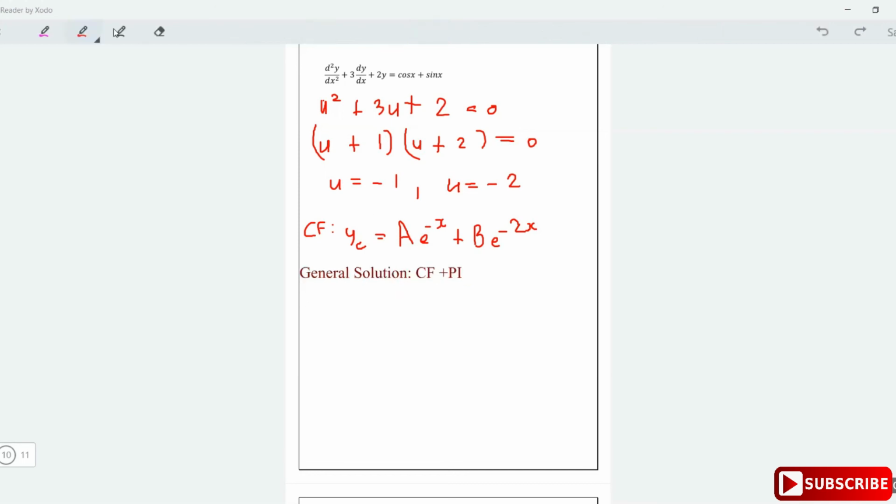And so the general solution works out to be y is equal to a e to the minus x plus b e to the minus 2x, that is our complementary function, plus our particular integral, which was minus 1 over 5 cos x plus 2 over 5 sine x. Nice and easy and soft.